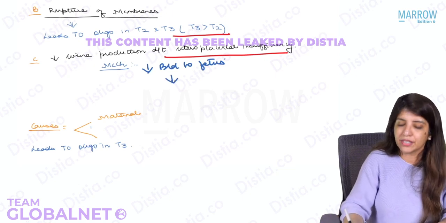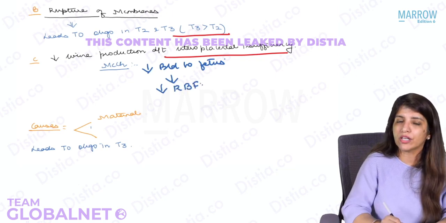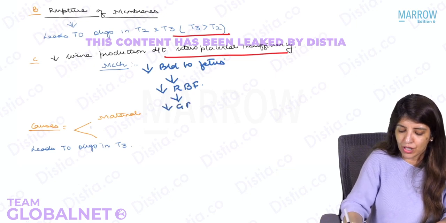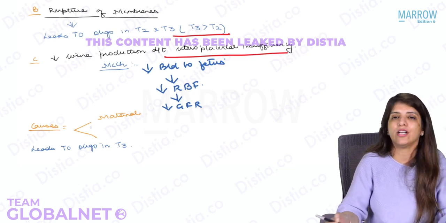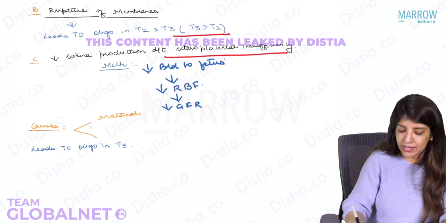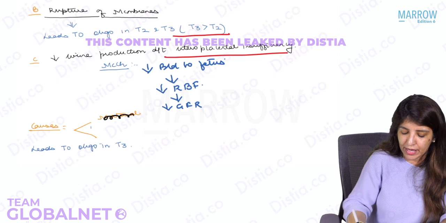Now, when there will be decreased blood to the fetus, there will be decrease in renal blood flow. And because of decrease in renal blood flow, there will be decreased GFR, and that means there is going to be decreased urine production and oligohydramnios. Right? Now, uteroplacental insufficiency is seen in case of maternal PIH.